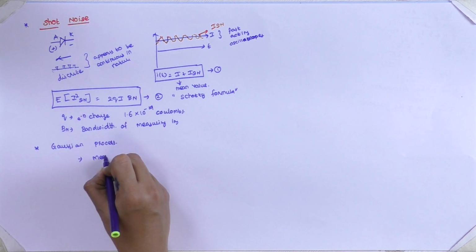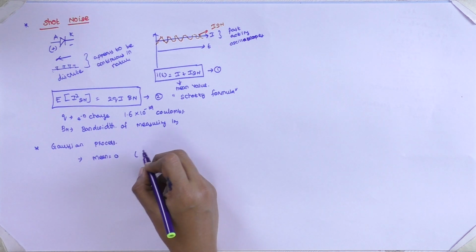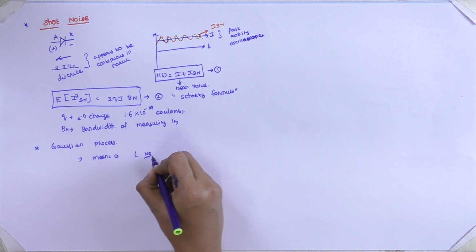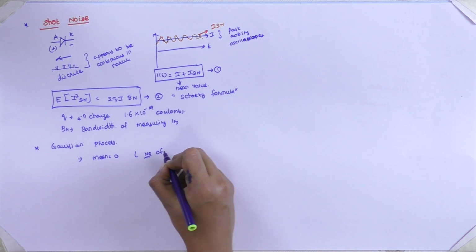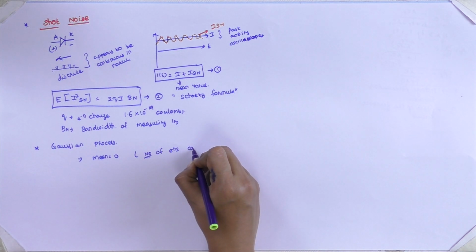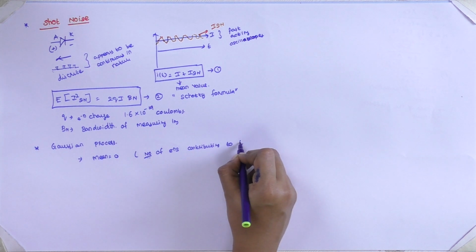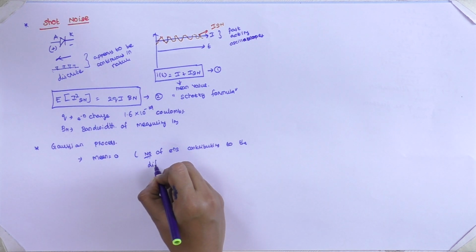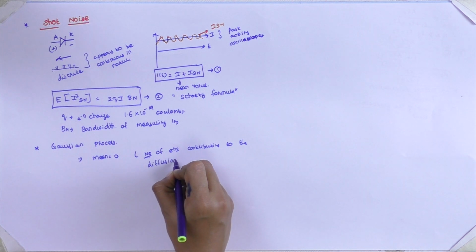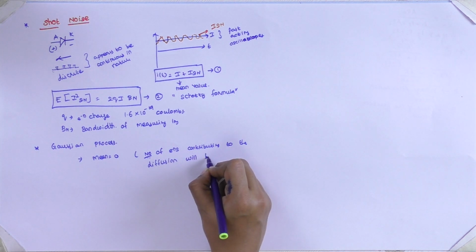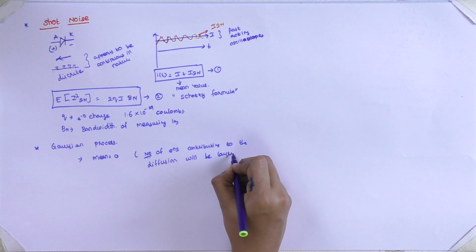Mean value is equal to 0. How does it become 0? The number of electrons contributing to the random diffusion is very large. Therefore, our mean value will be 0.